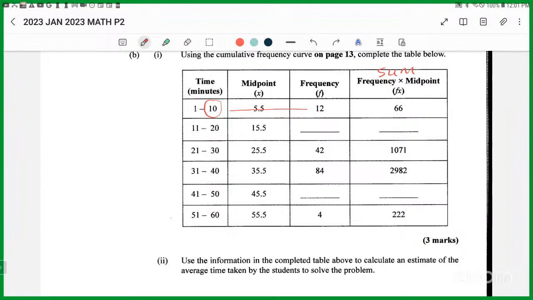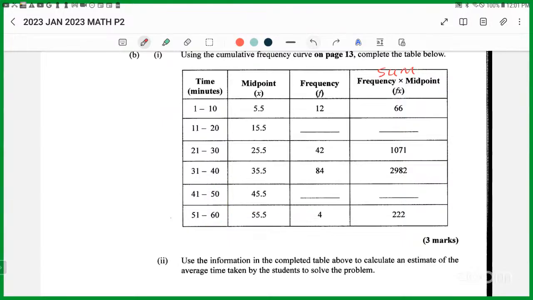So what you can do to get the actual frequency is see how many students are in between 11 and 20, or preferably in between 10 and 20, to go inside here. And then how many students are in between 40 and 50 to go inside here. And then you see that the number of students between 50 and 60 is inside here.